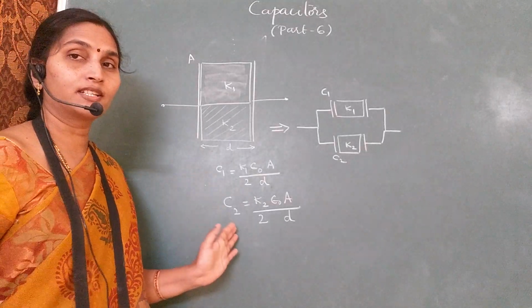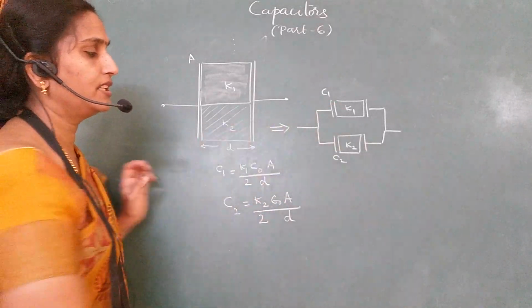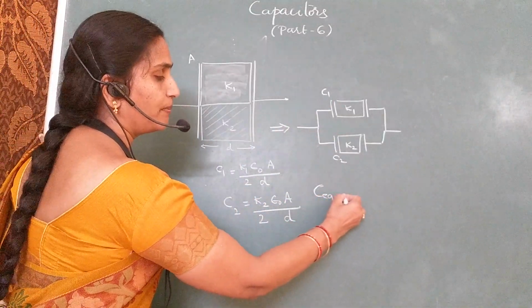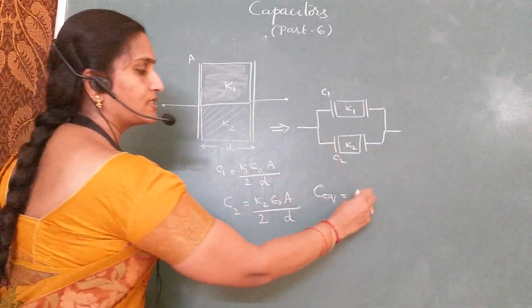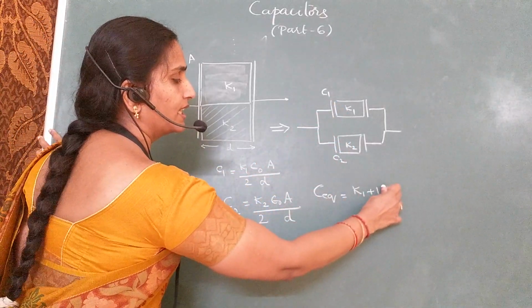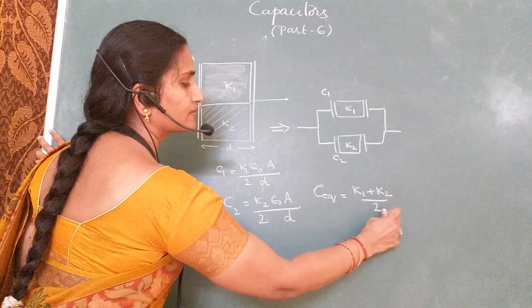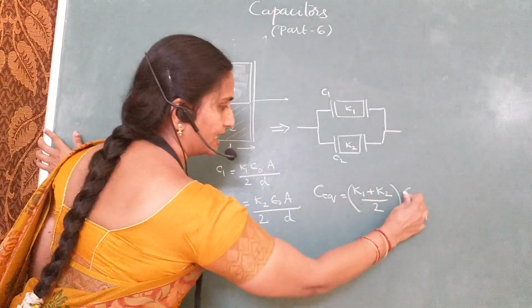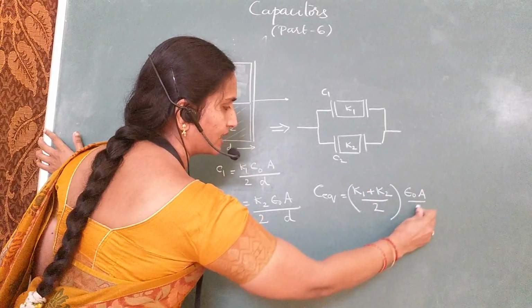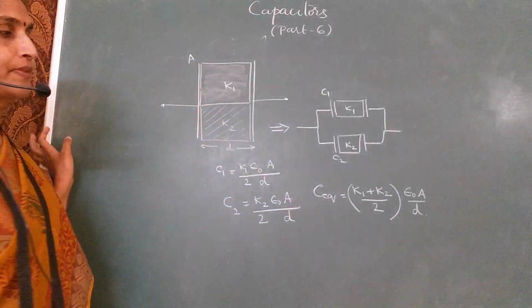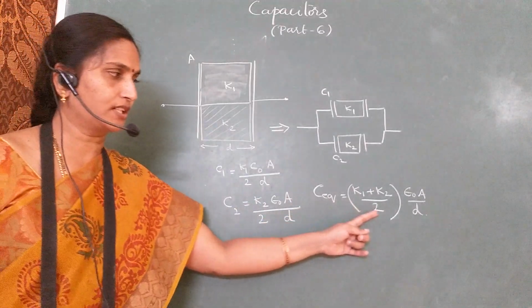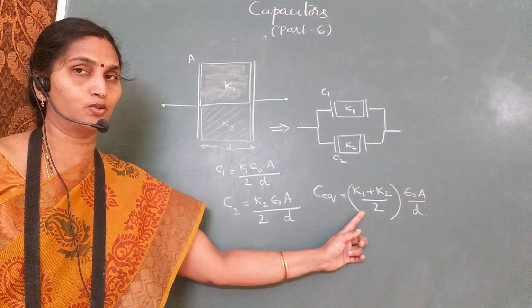And once you know C1 and C2, I think it's not a problem to find the equivalent capacitance. They are in parallel combination, so it should be C1 plus C2. That is nothing but K1 plus K2 by 2 into epsilon naught A divided by D. Now for two materials, we have got K equivalent as K1 plus K2 by 2.